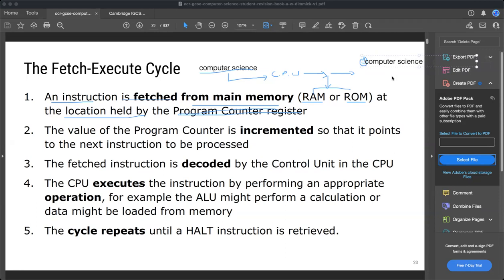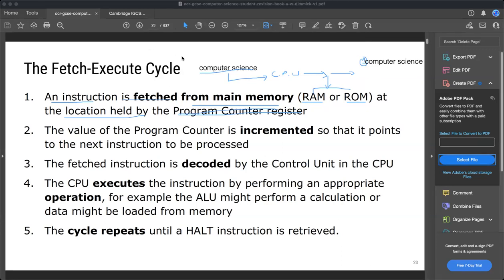Is that okay or not okay? Yeah, that's okay. Like I input computer science, my instruction is stored in RAM or ROM, but the program counter fetches that computer science word from RAM or ROM and stores it as instruction number 1. That's all right? Okay.